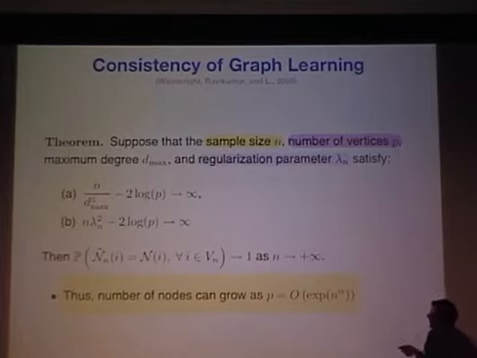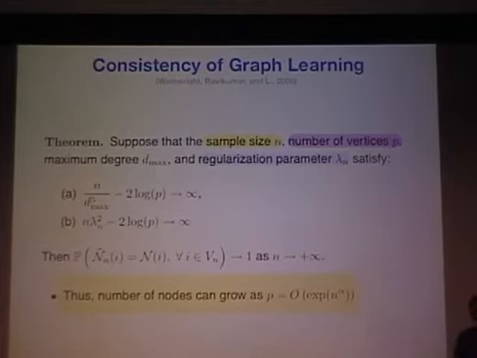And the number of examples has to be a little larger than 2 log p. So the sample size needs to get large, but it can be relatively small compared to the size of the graph. It can be exponentially smaller than the size of the graph.